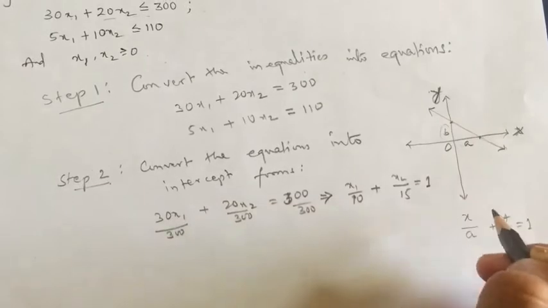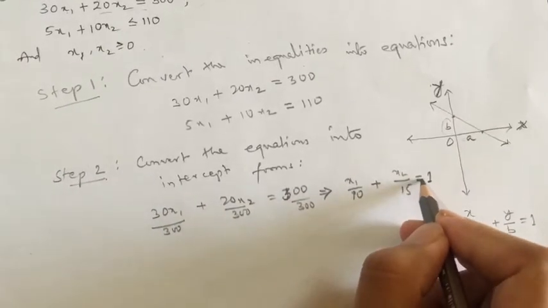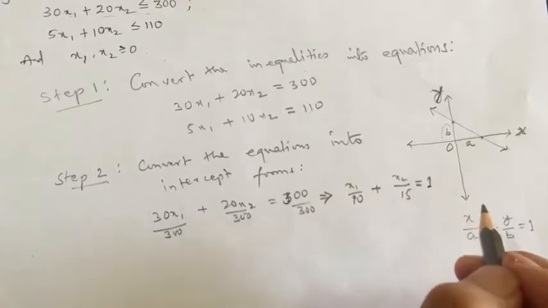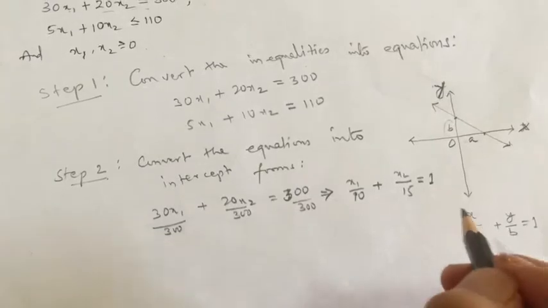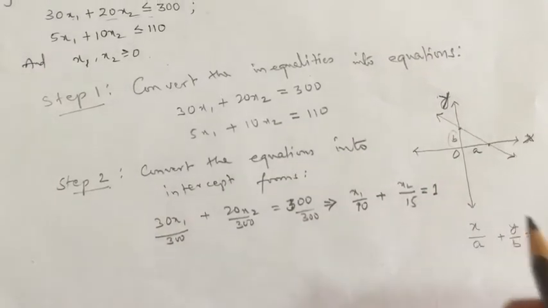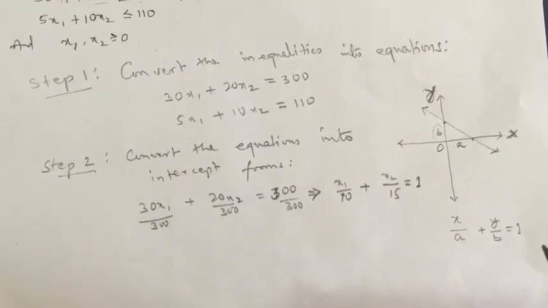So now it is in intercept form: x1 by 10 plus x2 by 15 equals 1. It will be very easy to plot in the graph. I have done this intercept form to make it easier to plot in the graph. The next step will be the graph.